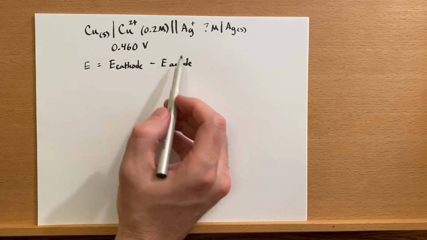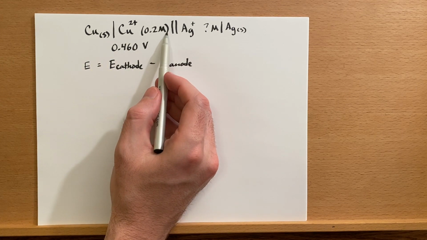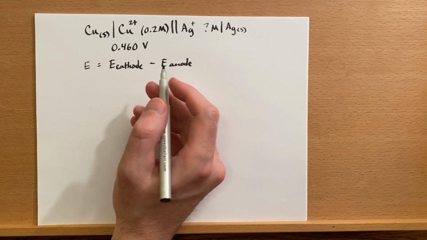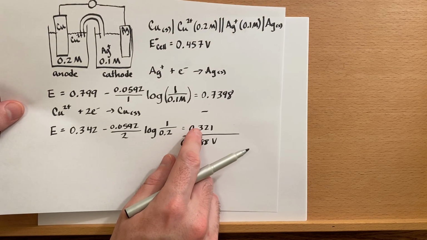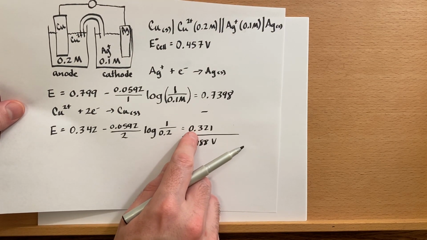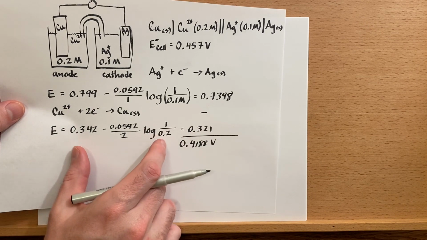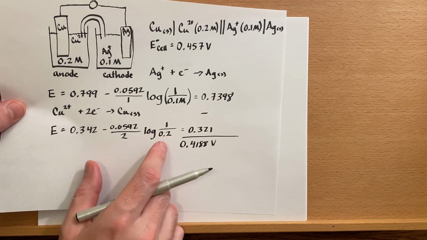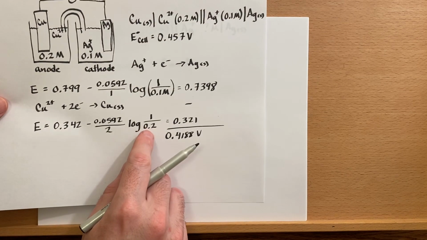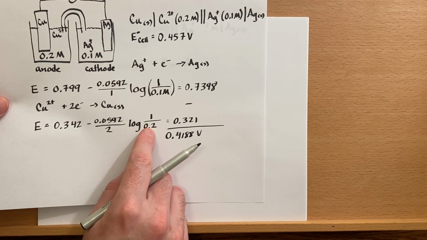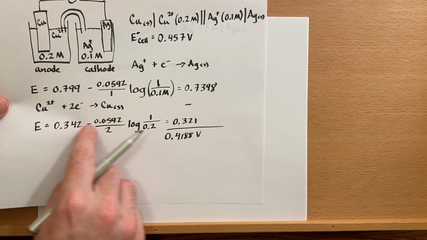Now, since I kept this concentration the same, we know that the cell potential of our anode, which is where the oxidation is taking place, is 0.321, because we already did that calculation. I did that on purpose to speed things up a little bit. So we have a 0.2 molar concentration here. We have all of that.